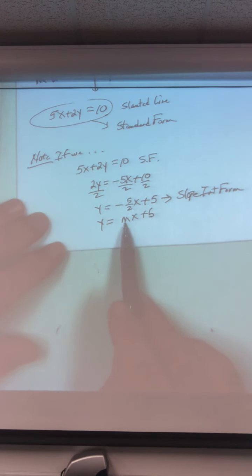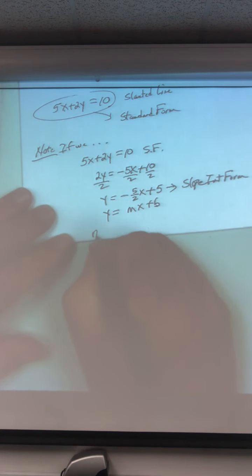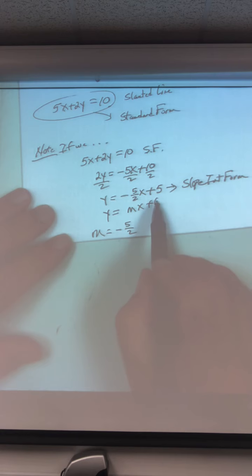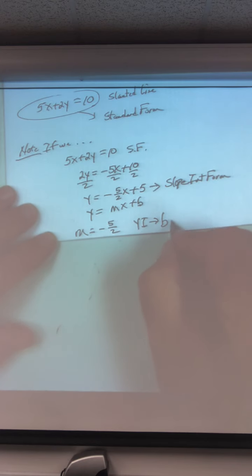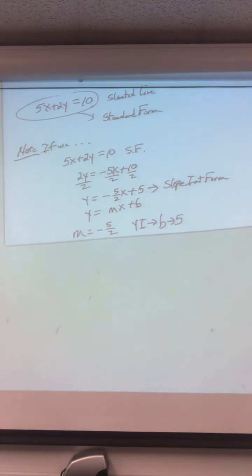Slope, is what's in front of x. So what's in front of x right here? Negative 5 over 2. That means the slope is negative 5 over 2. Now the letter b is the letter we use for the y-intercept. And what's in b is 5.